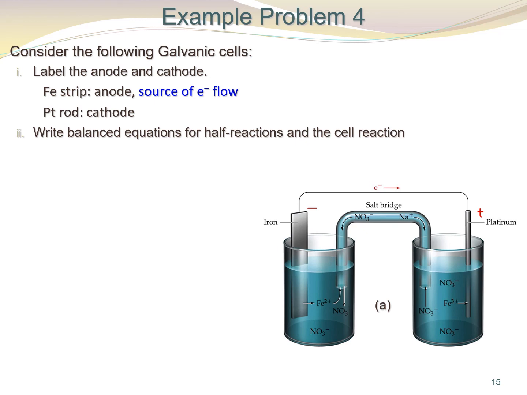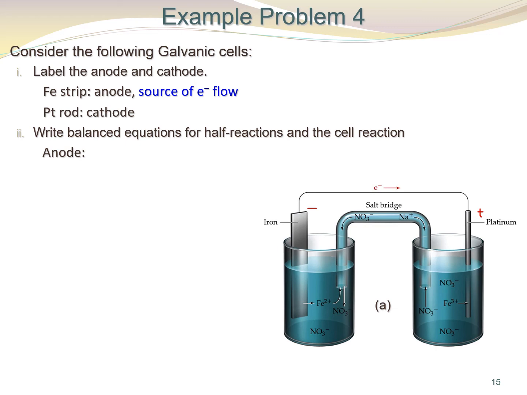Second question, write up the balanced equation for the half reactions and the cell reaction. What happens in the anode chamber? As for the anode chamber, we understand the anode starts with a vial. The half reaction must start with a vial as well.